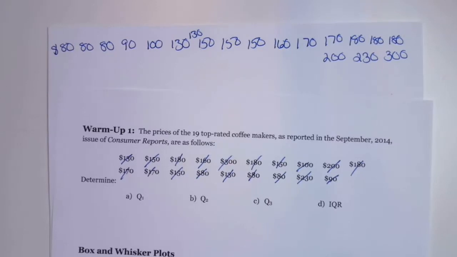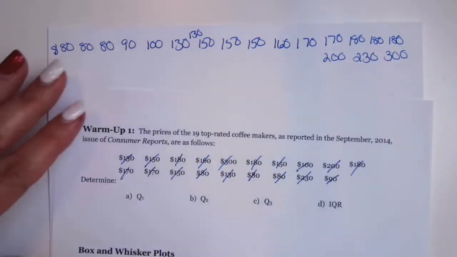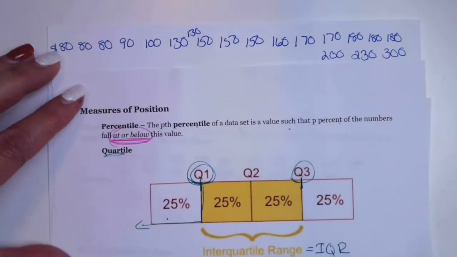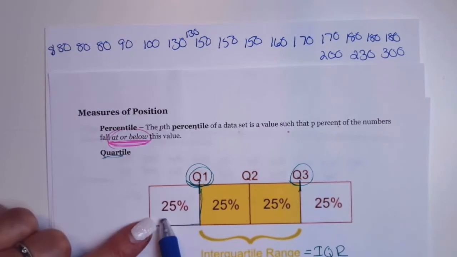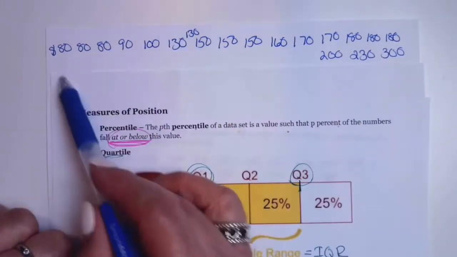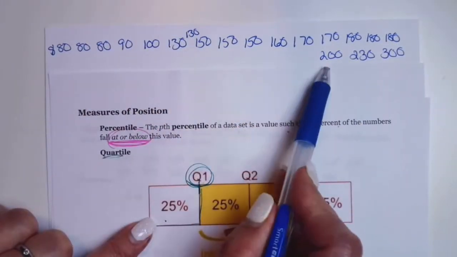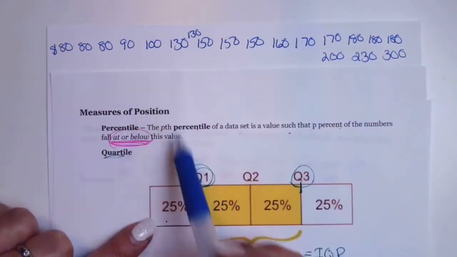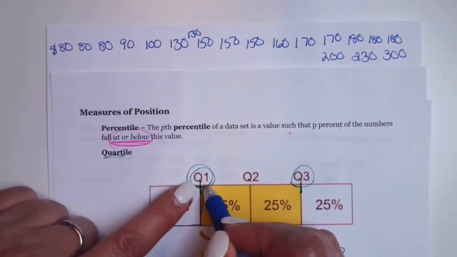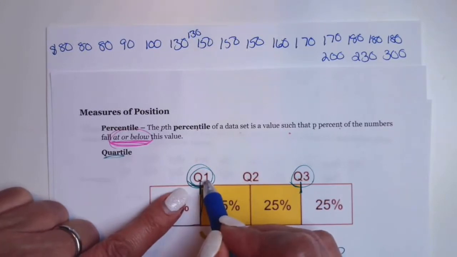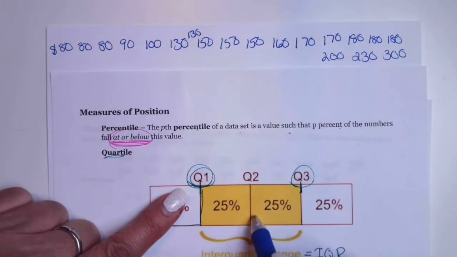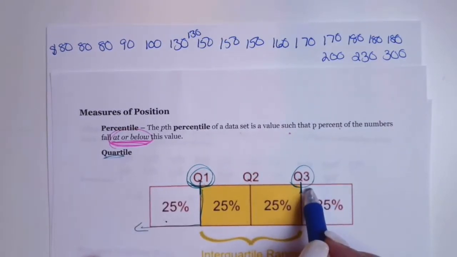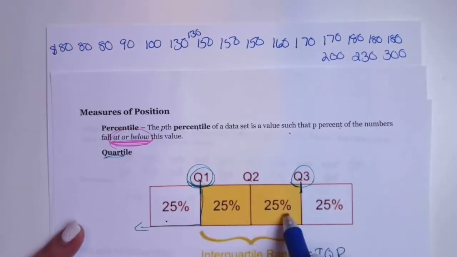So what we're looking for here is basically this picture, where we have 25% of these numbers, not 25% of an amount, 25% of these numbers marked, and we can mark quartile 1, and quartile 2 for 50%, and quartile 3 for 75%.